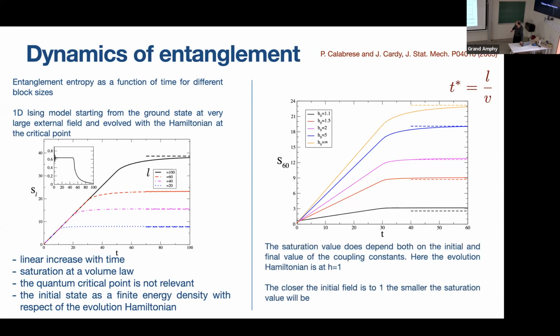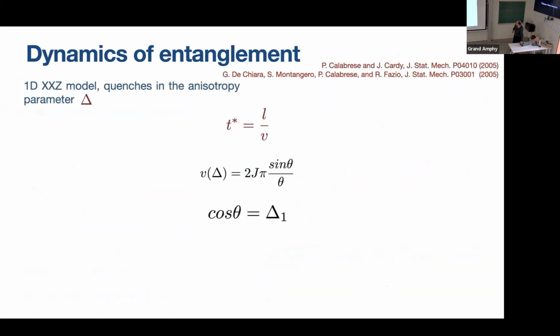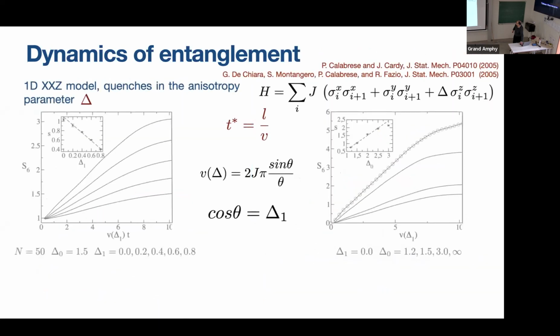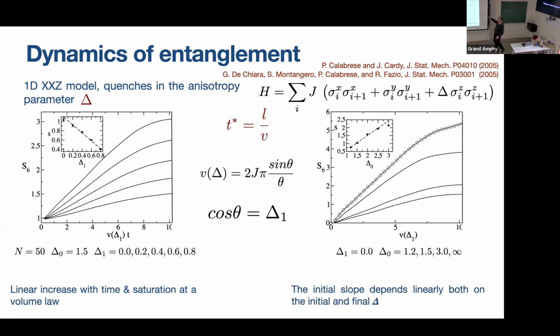This is again the Ising model. Now if I slightly complicate my life and consider an XXZ, so still integrable but interacting, nothing really special happens. Still, this is pretty standard.